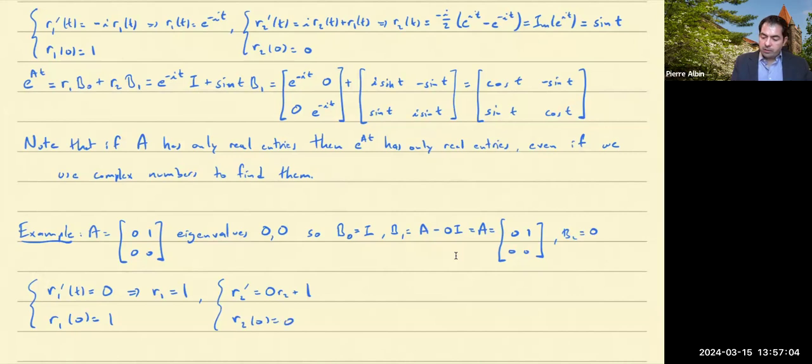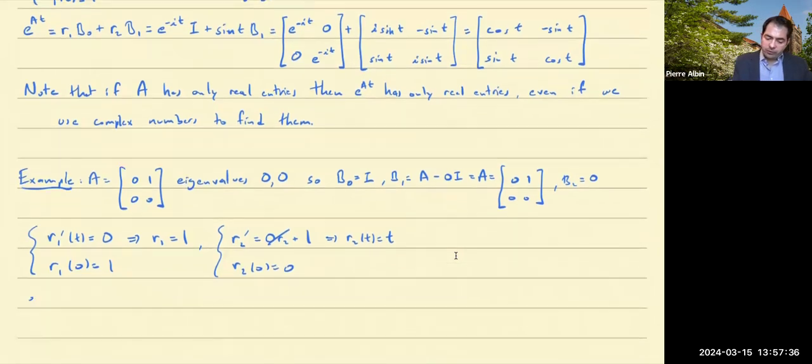So R2 prime is equal to 1. That means that it's equal to a plus t, the general solution, but you want it to be 0 at 0. That means that R2 of t is just the function t.